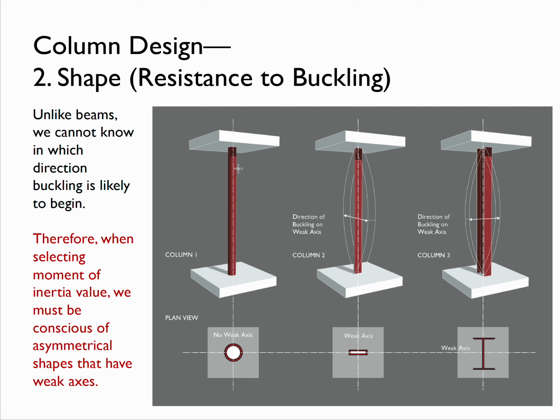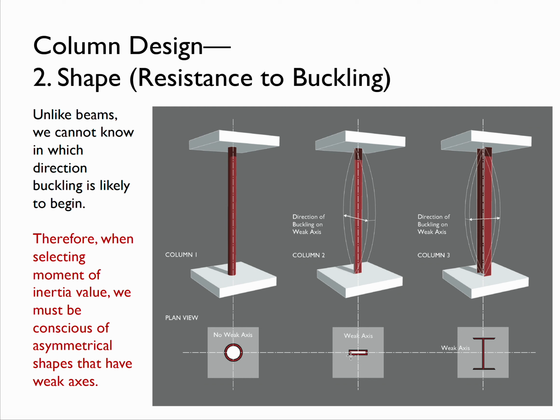In the diagram over here, I have 3 different columns. I have them in perspective and then in plan down below. I have a circular column, I have a tube column, and I have an I-beam. So all of these would behave differently in terms of their resistance to buckling, and that's what we want to get at here. Unlike beams, we cannot know which direction buckling is likely to begin, but if a column has a weak axis, it is more likely to buckle within that weak axis.